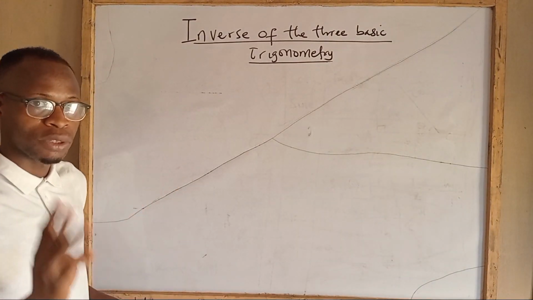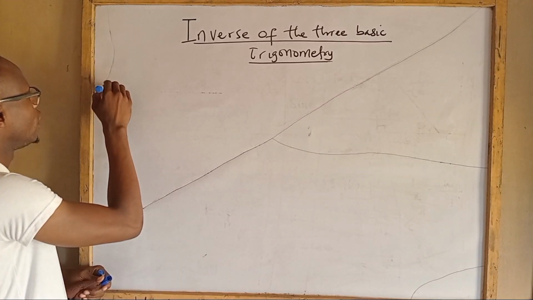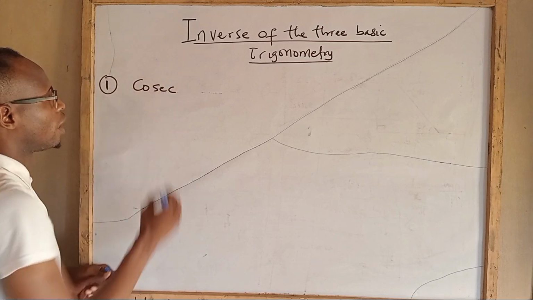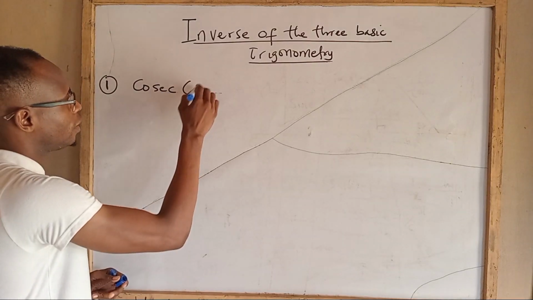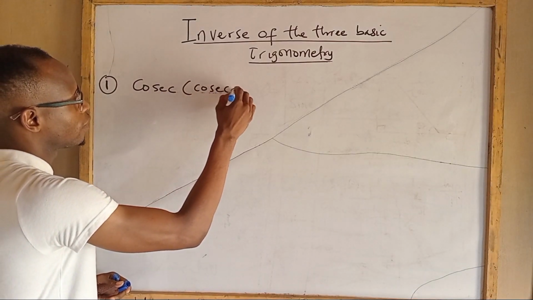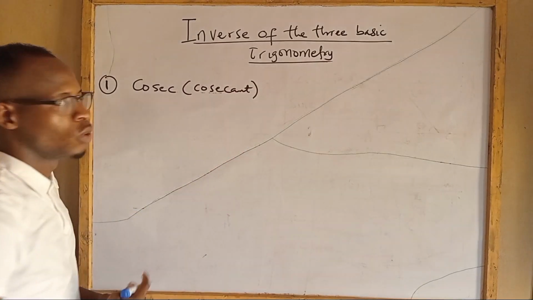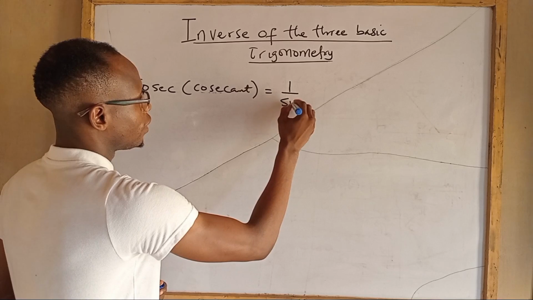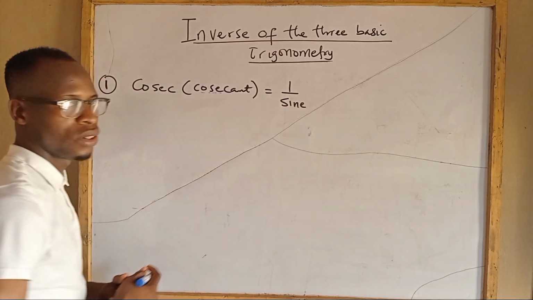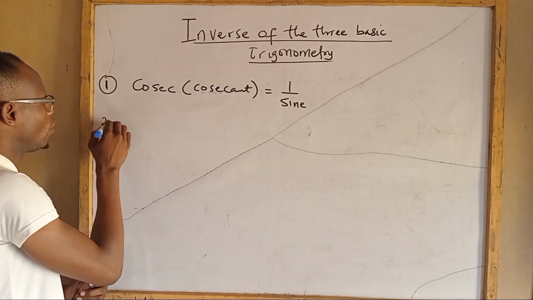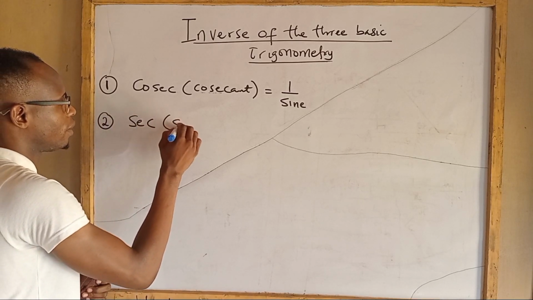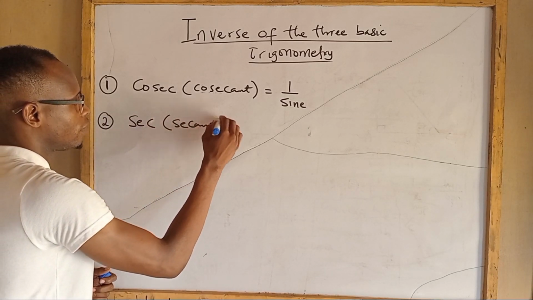Now the inverse of the three basic trigonometry are just purely three, just like we have the basic trigonometry. The first one is referred to as the cosec, which is the same thing as saying cosecant. Cosecant is the inverse of the sine. The second one is referred to as the sec, same thing as saying secant.